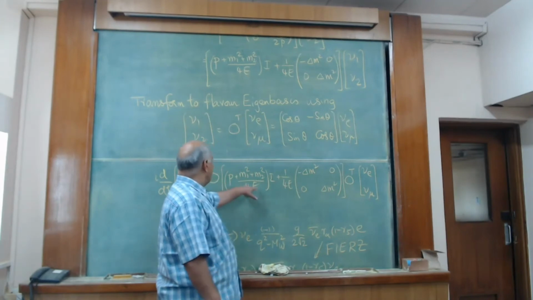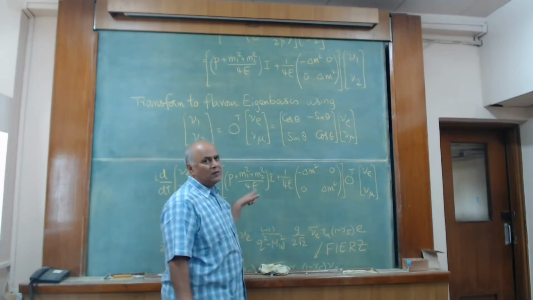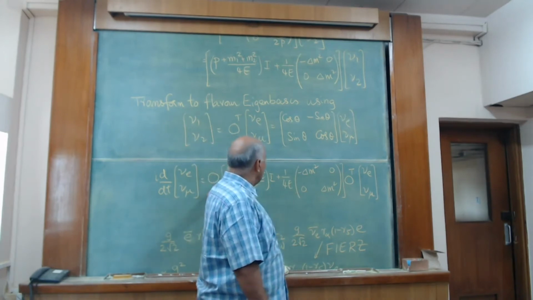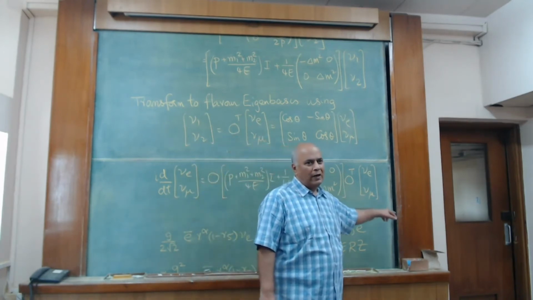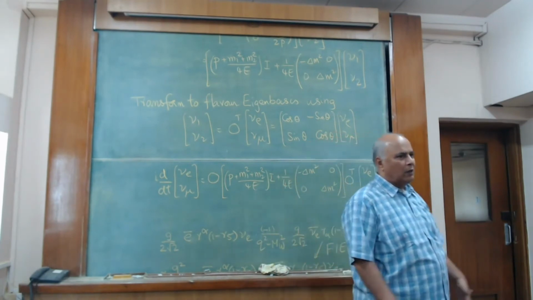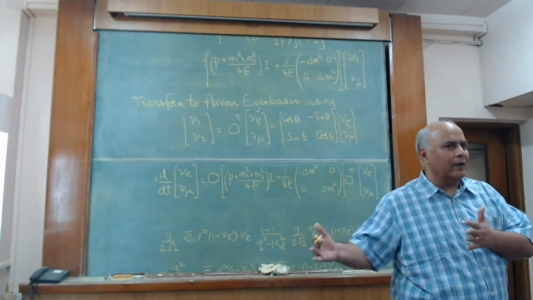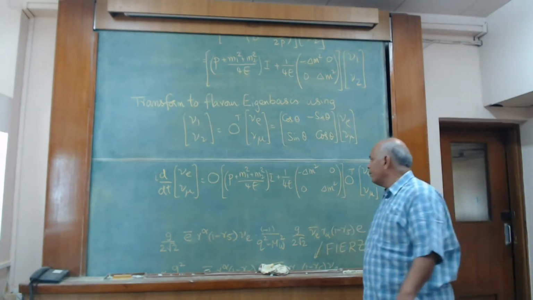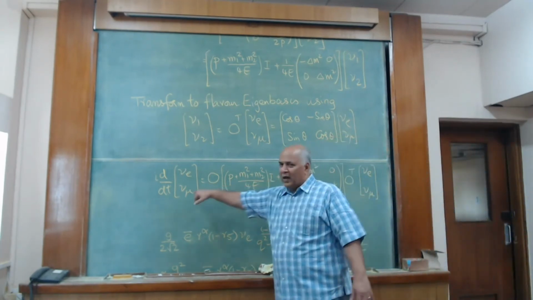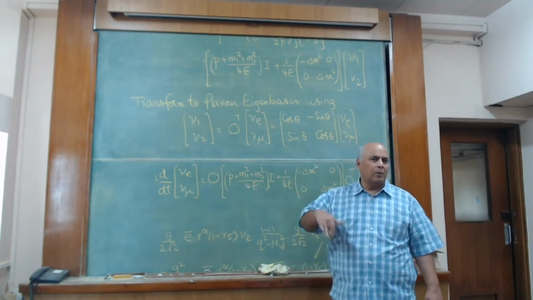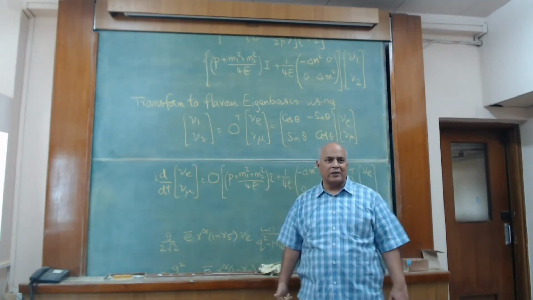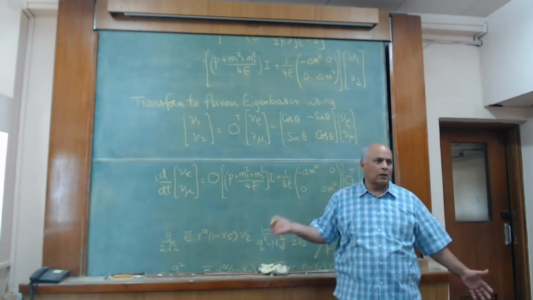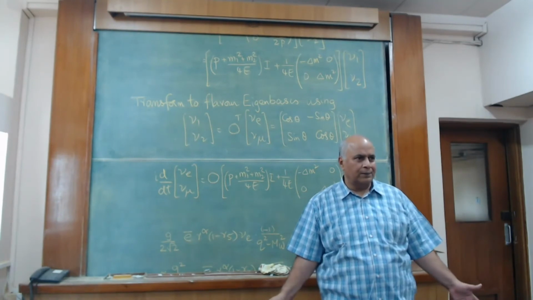Now you see that this first matrix is proportional to identity, and there is an O on the left hand side, O transpose on the right hand side. But O times identity times O transpose is identity again. So making this transformation from the mass basis to flavor basis leaves this identity completely untouched.